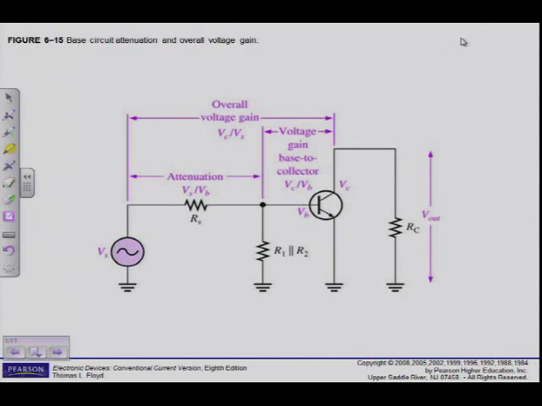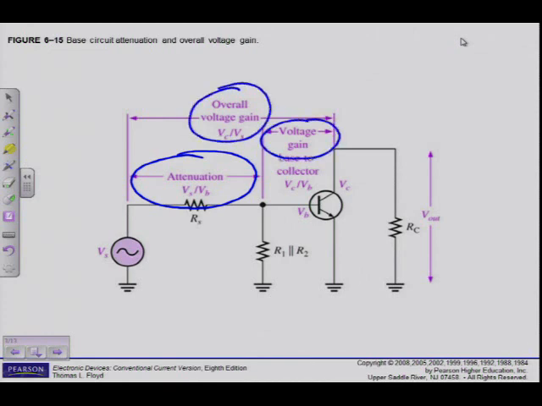Alright, if I look at figure 6-15, I can see here the attenuation is mentioned. Then voltage gain is mentioned and also overall voltage gain. But this attenuation part, we also basically discussed. Remember when we talked about the AC analysis of the amplifier in the previous lesson, we had to simplify the circuit.